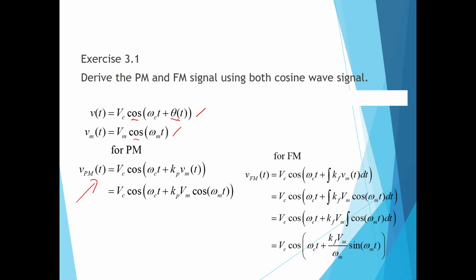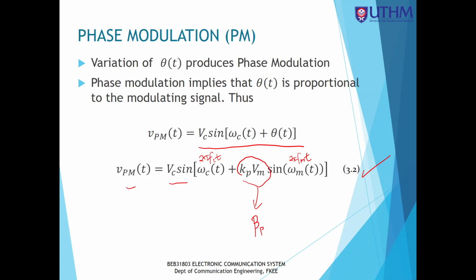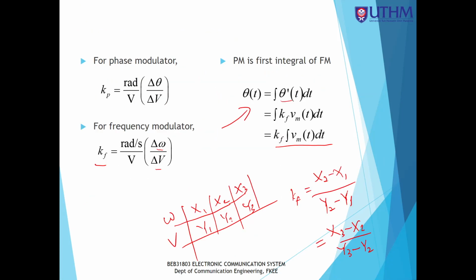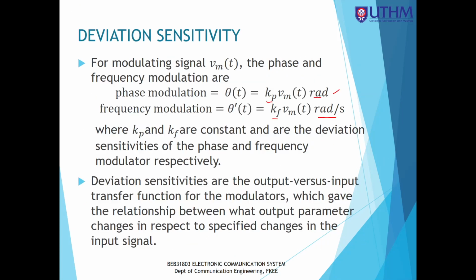We change theta t into Kp Vmt. How does it change to be like this? It is based on this equation, so let me flash back. Theta t is Kp Vmt, theta prime t is Kf Vmt.